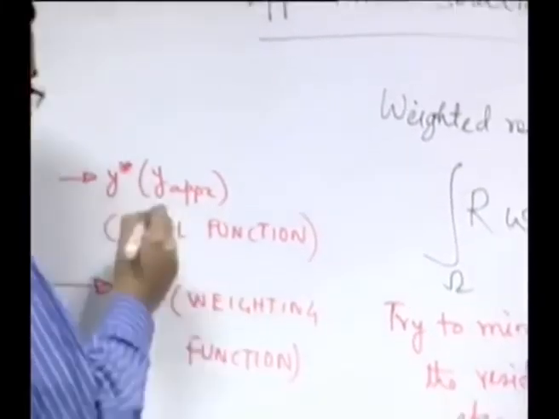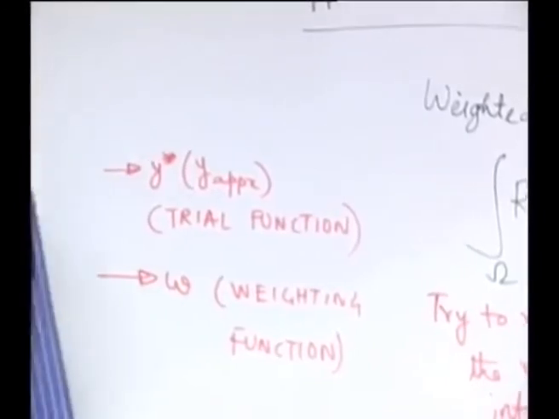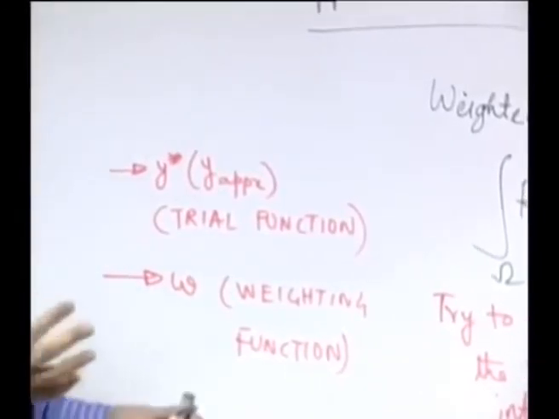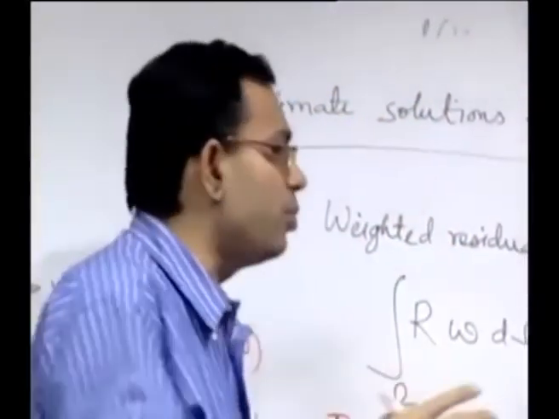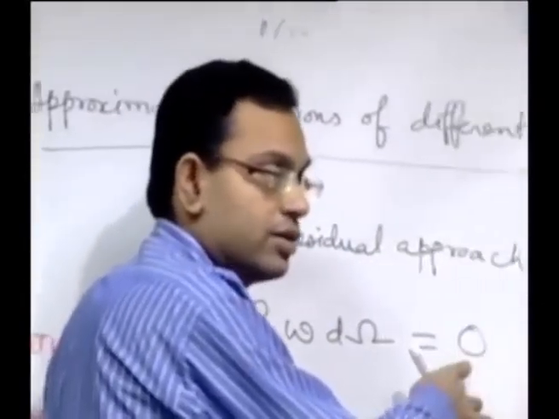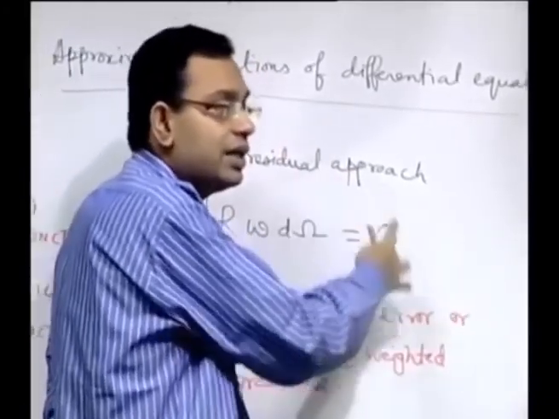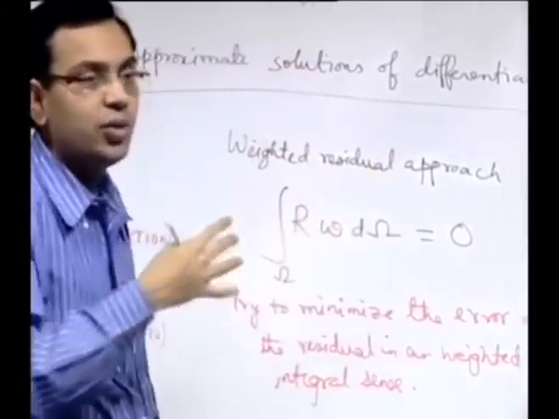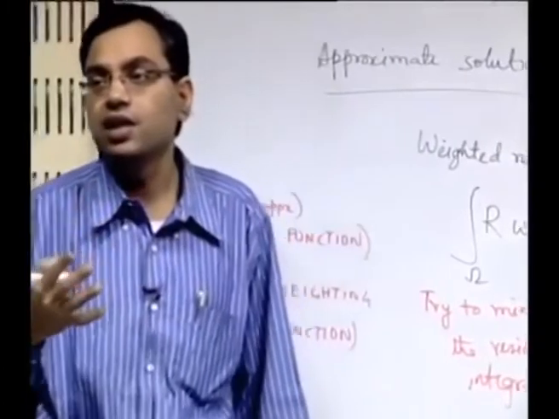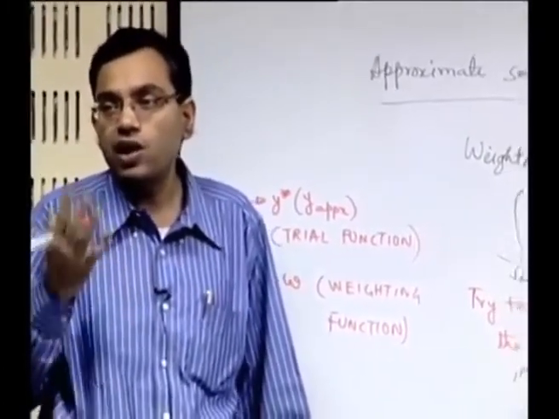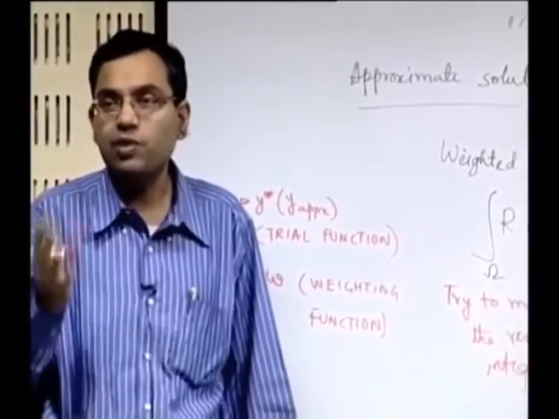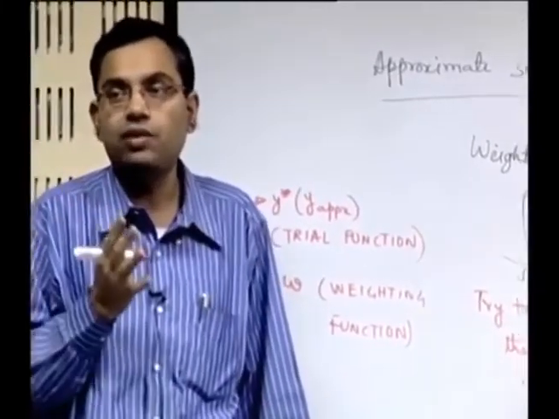So, you choose some trial function, you choose some weighting function with an effort that your total error in an integral sense over the entire domain is 0. So, this is the physical meaning of this mathematical equation, that you make an attempt to minimize the total error incurred over the entire domain because of substitution of an approximate function instead of the actual function.